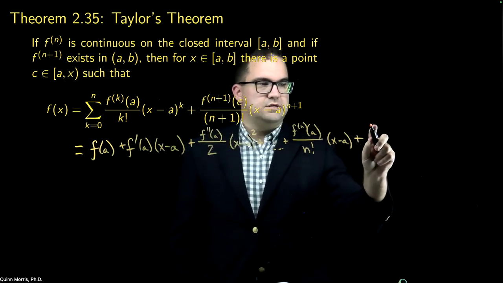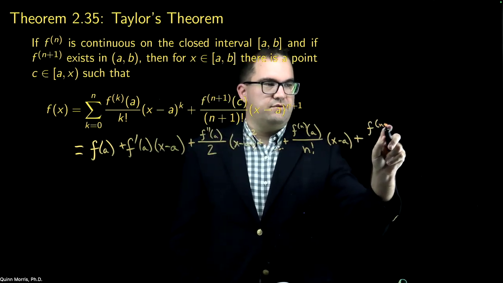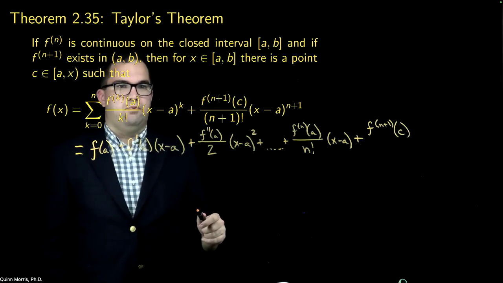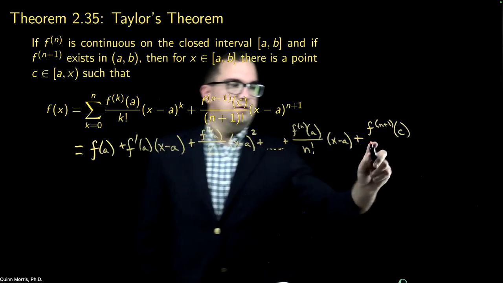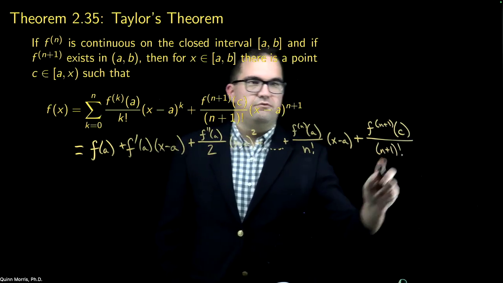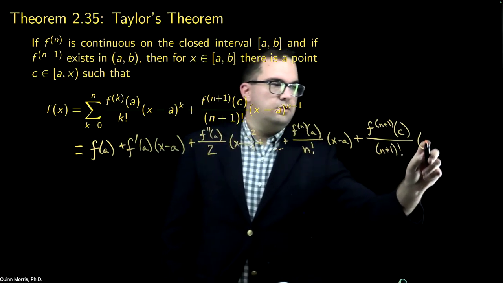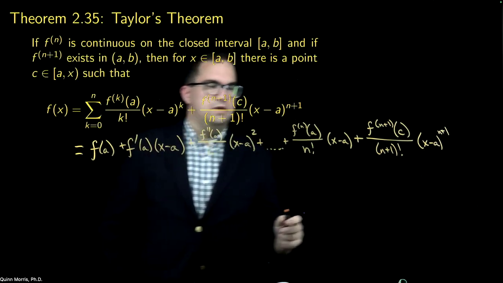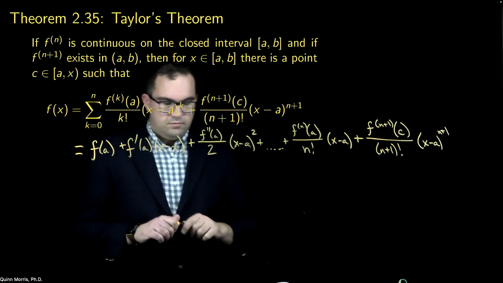This is the n plus first derivative of f, not at a now, but at some point c, divided by (n plus 1) factorial times (x minus a) to the n plus 1.